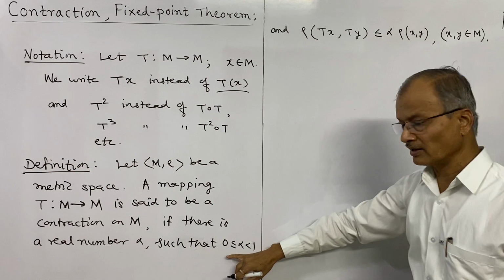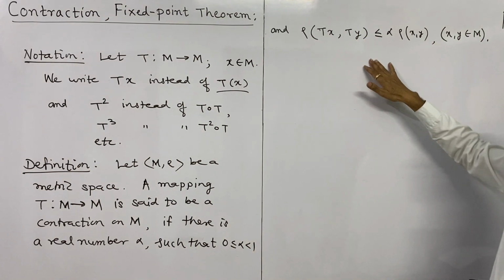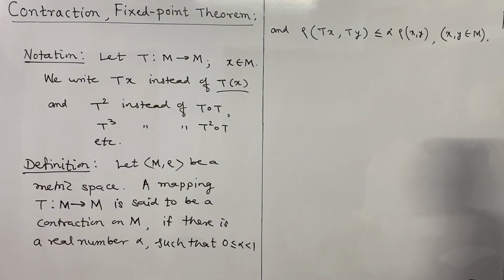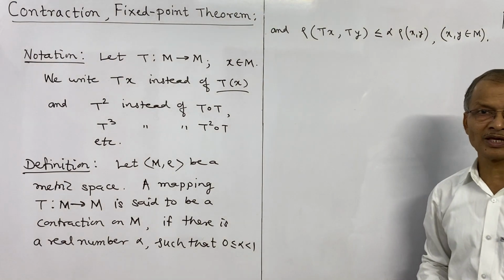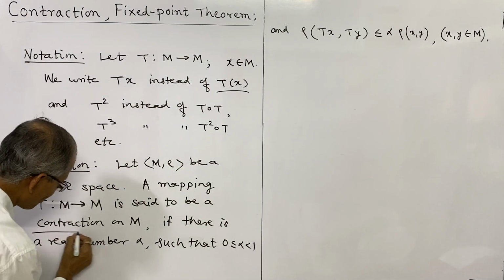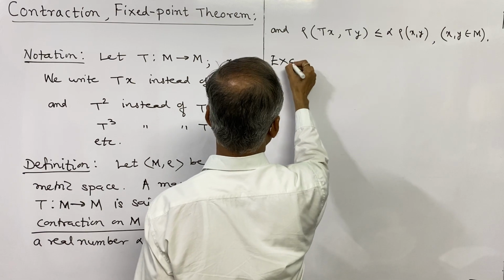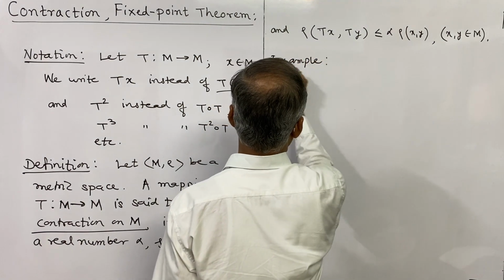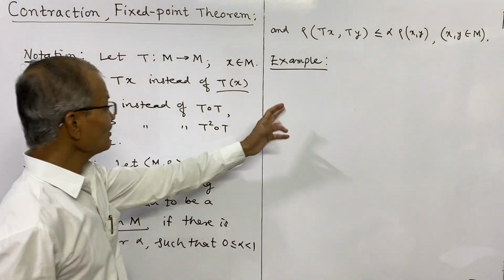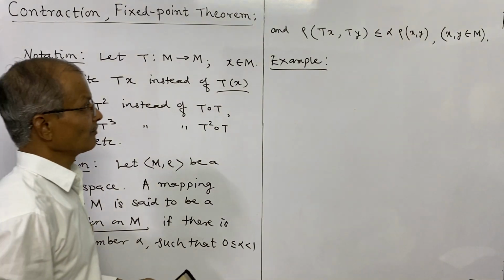Alpha is less than 1, and this means that the distance between the images is less than or equal to the distance between the pre-images, and that means the mapping reduces the distance between the images, and therefore it is called contraction. So this is contraction on M. Now we will see a simple example for this. Here one thing is to be noted, alpha is independent of x and y, and a mapping which is a contraction T is continuous on M.